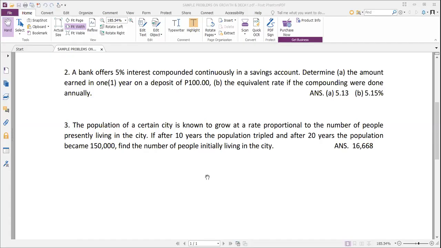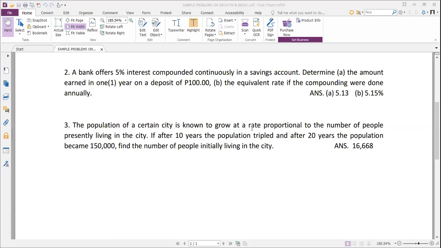Where was that? Okay, so we have this last problem, determining the population of the city. So again, when we speak of population, it's very seldom and unlikely that the population will decrease over time. So this is a case of growth again. So the population of a certain city is known to grow at a rate proportional to the number of people presently living in the city.